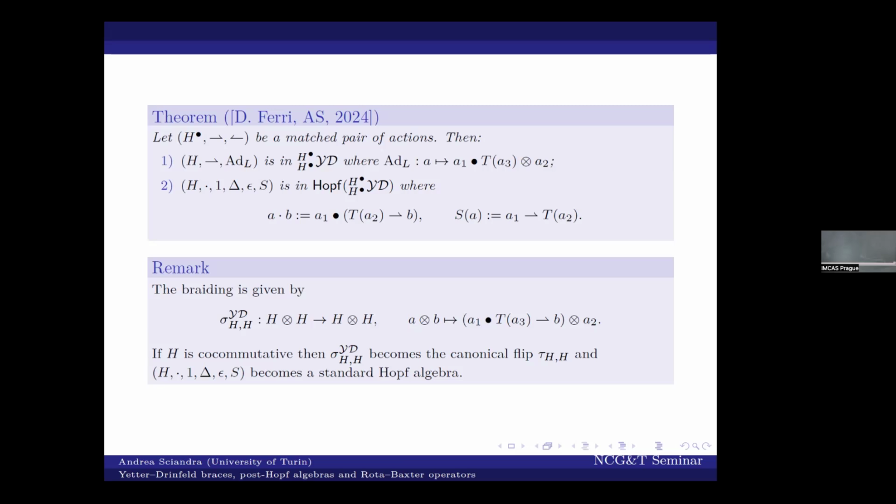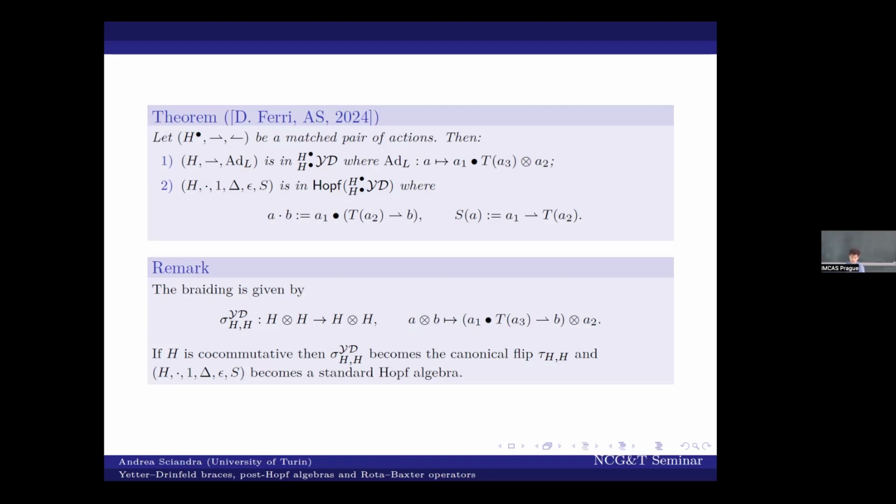And you can see that in this case, the braiding operator over H is given by this one. And again, if H is cocommutative, the adjoint coaction is trivial, and this becomes the standard flip map, and we recover the definition of a standard algebra, let's say.